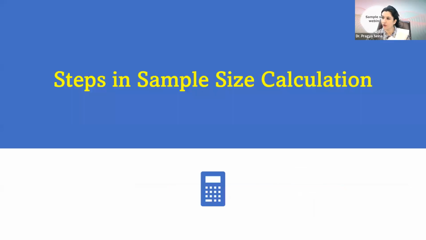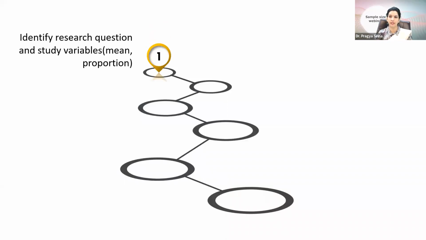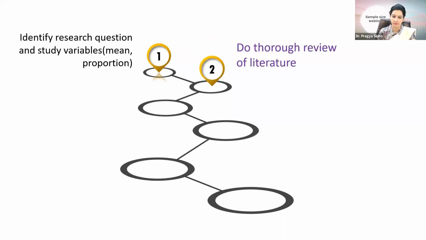So now there are the following steps in the sample size calculation. First, you identify a research question, and the research question and the study variables could be in the form of a mean or a proportion, as we have discussed. Before we identify this, we do a thorough literature search. For the clinically significant difference or this margin also, you set the margin with the literature review.